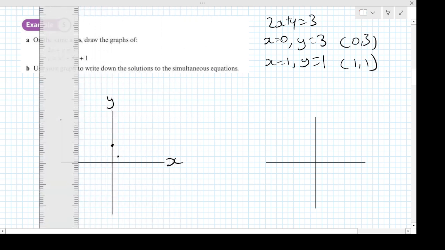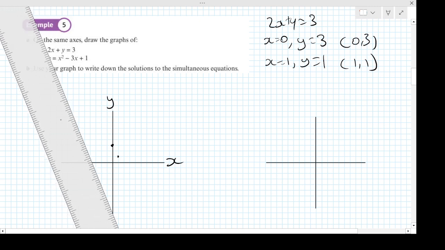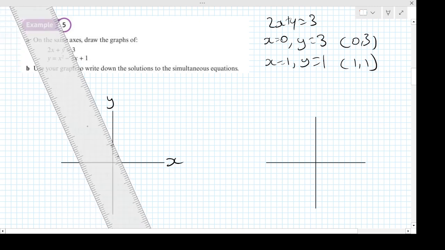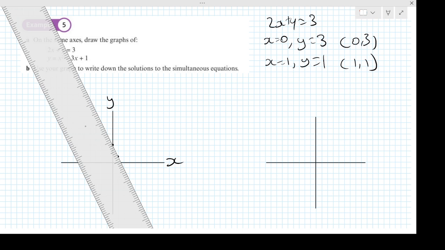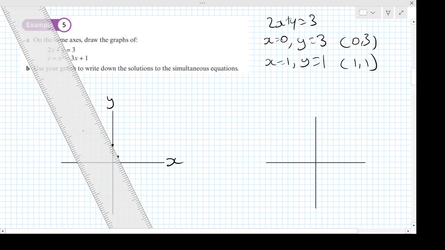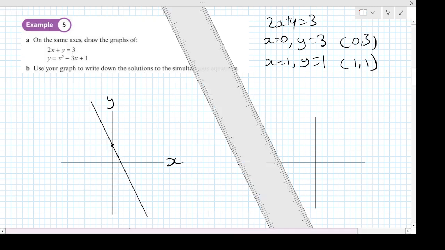Hopefully it doesn't bug out on me. So try and get it to pass through those 2 points as neatly as possible. Okay, I think that should be fine. There we are. So then that would be the line 2x plus y is equal to 3.